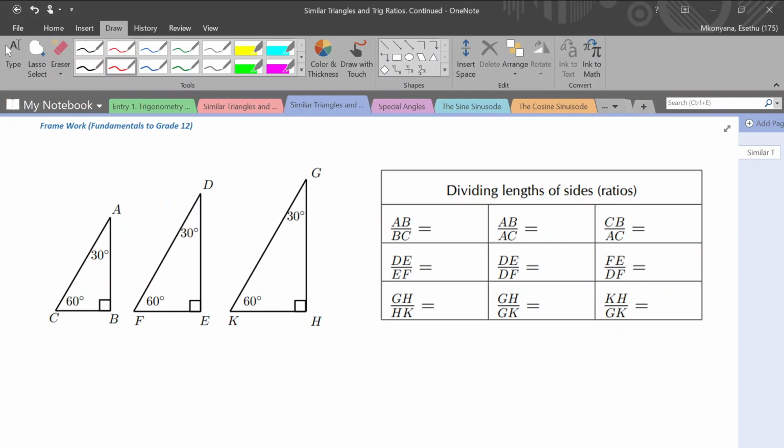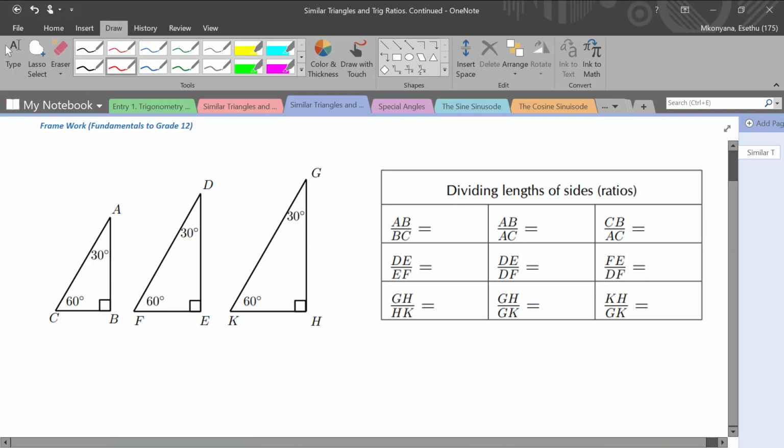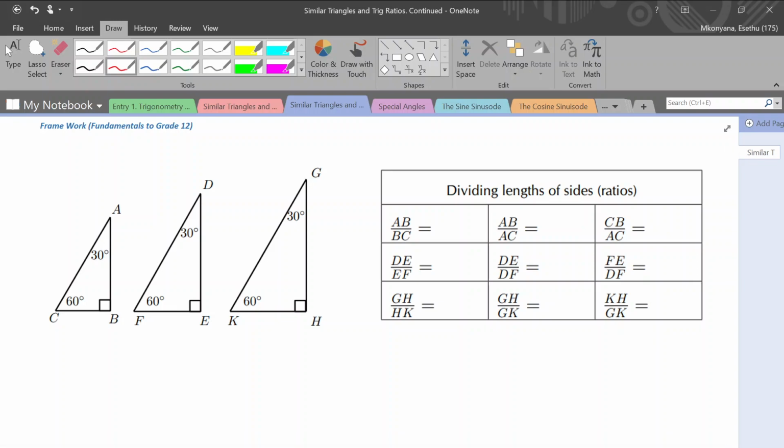I measured these sides, but of course the scaling is going to be different for you because I'm using a computer. When I scale in, the sides are going to be longer, and when I scale back, they're going to be a bit smaller in terms of the unit distance they take.